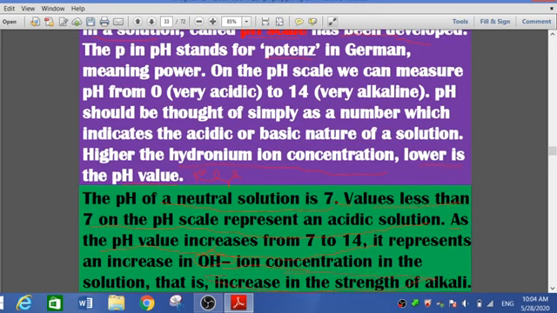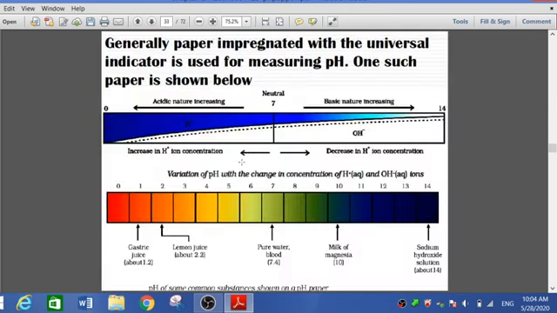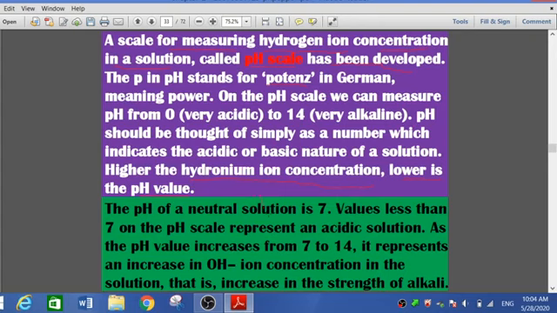If pH is equal to 14, the concentration of OH ion is increasing and the number is also increasing. While in acid, pH value is lower and hydronium ion concentration is more. In base, OH ion concentration is more and pH value is also more. That is the important difference between acid and base.